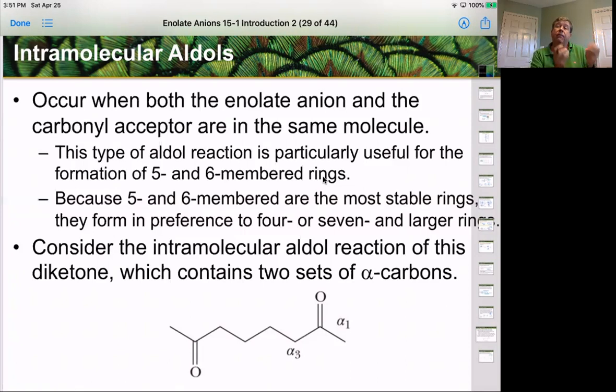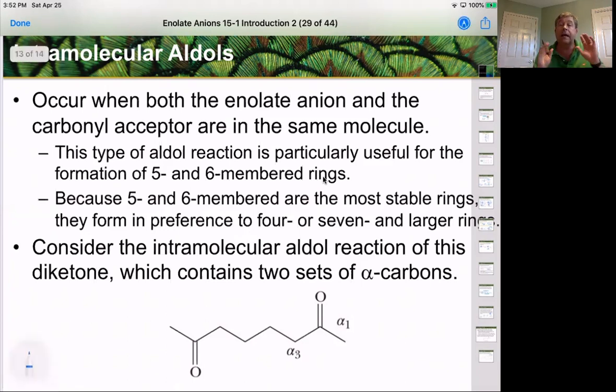Note, if you try to make a 4-membered or 3-membered ring, or a 7-membered or 8-membered ring, those don't work, because 3 and 4-membered rings are too strained and 7 and 8-membered rings have too many degrees of freedom, and they don't form, okay?